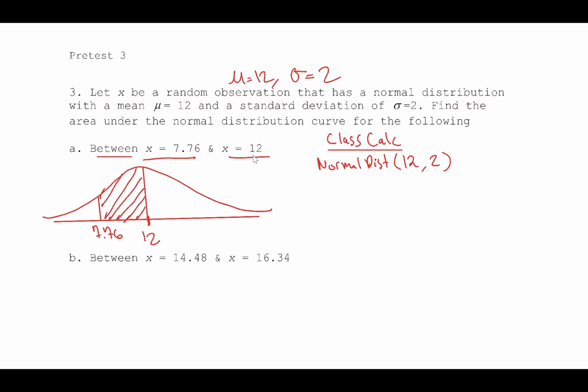Then you want to hit CDF. And under CDF, this is going to pop up. So you want to tell it what's the lower bound, what's the upper bound. So for my lower bound, it will be here. For your upper bound, it will be there. So for my lower bound, you put 7.76. Upper bound, you put 12.